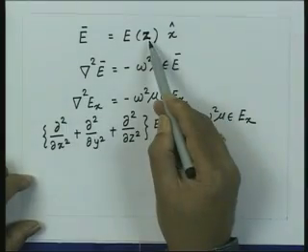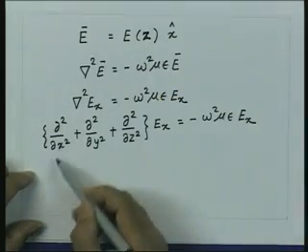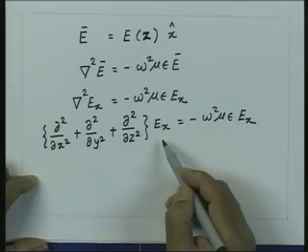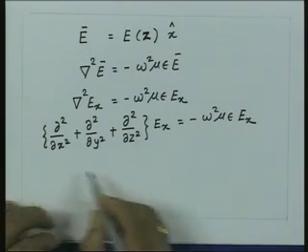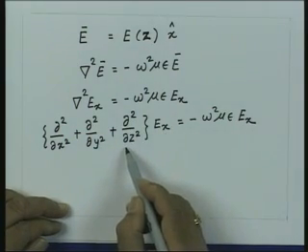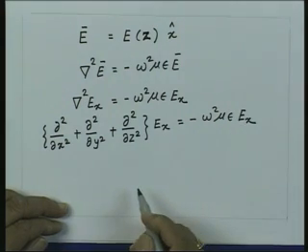Since Ex is a function of z only now, the second derivative of Ex with respect to y is identically 0. So, I now get the equation d2 Ex by dz square equal to minus omega square mu epsilon into Ex.